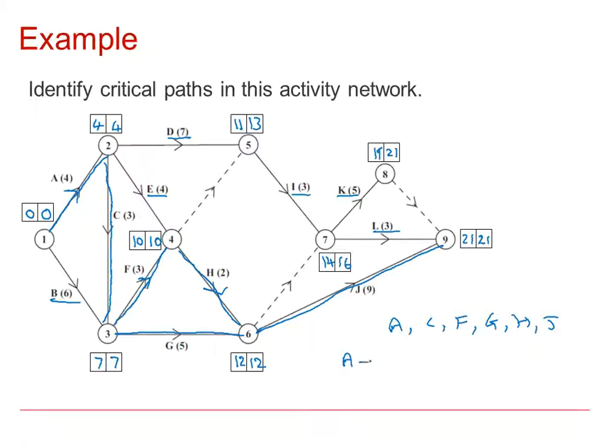There's A, C, F, H, J, and there's a critical path A, C, G, and J. Any delay in these critical activities will delay the completion of the project.